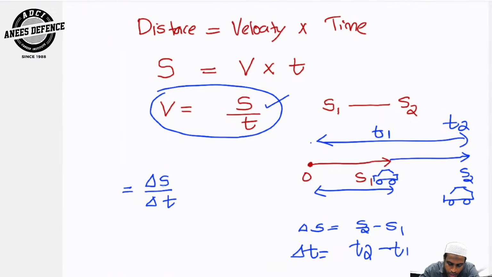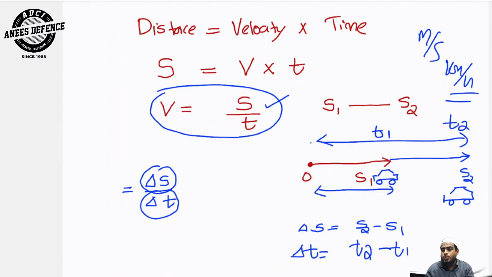So here also delta S by delta T. The unit of delta S is kilometer or meter, and delta T is second or hour. We can say that meter per second or kilometer per hour. The unit of displacement or the distance is kilometer or meter, and the unit of time is hour or minute or second, whatever it may be.